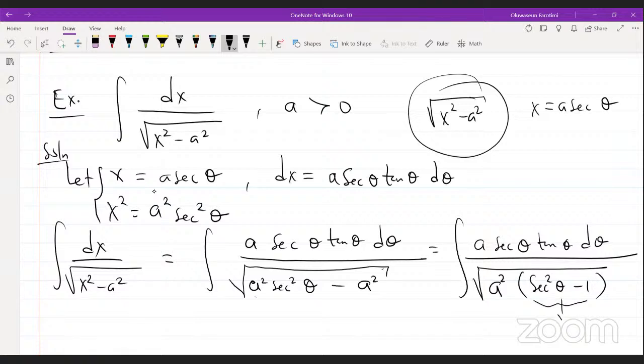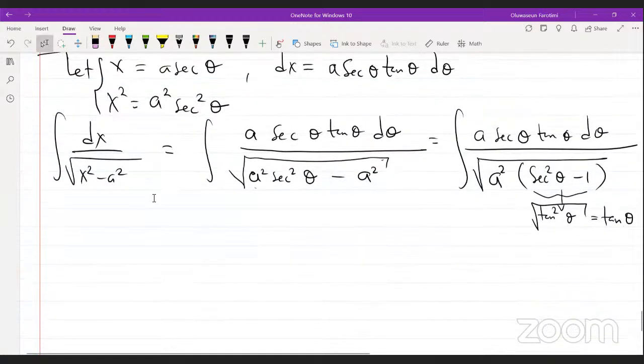Secant squared of theta minus 1 is actually tan squared of theta. But this is within a square root. Take the square root of this guy. If you take the square root of tan squared of theta, you get tan theta. And tan theta is greater than 0.